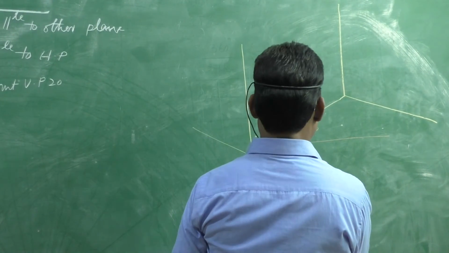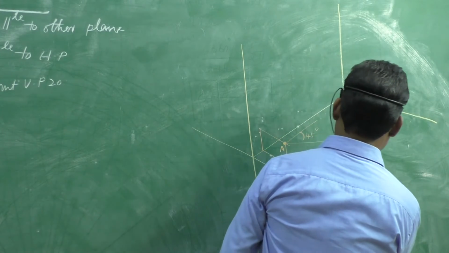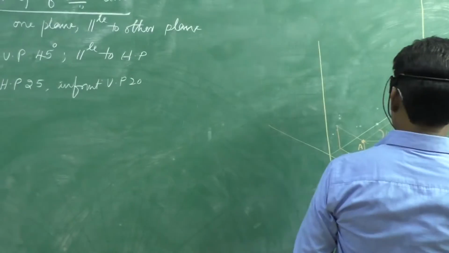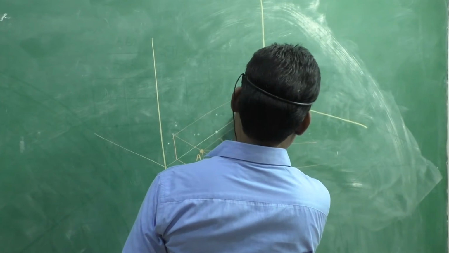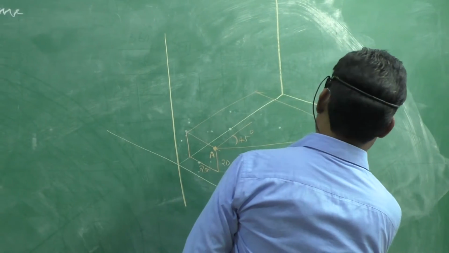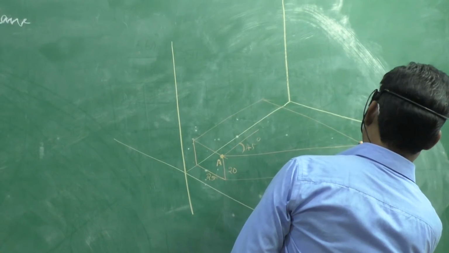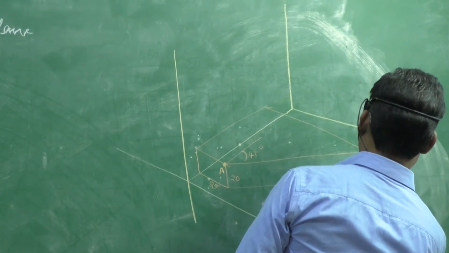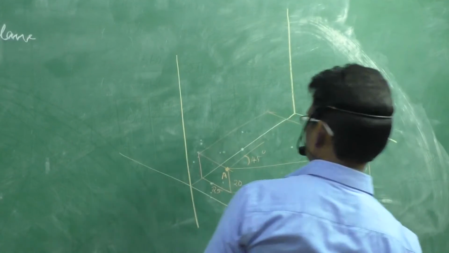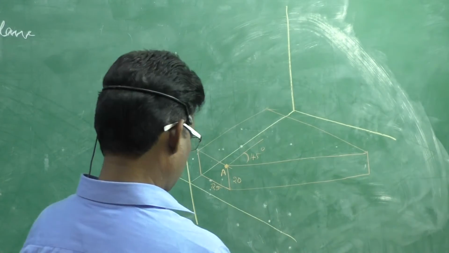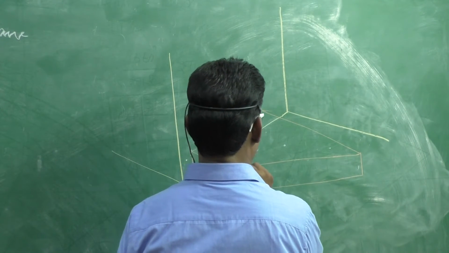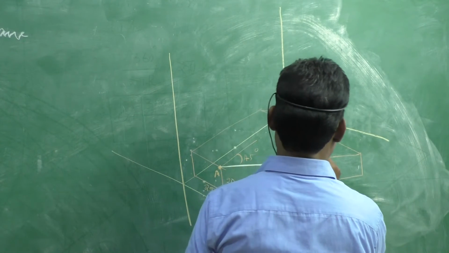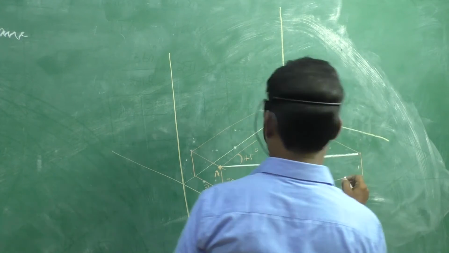Now we can draw the respective positions. Now the required line is this one, line AB.